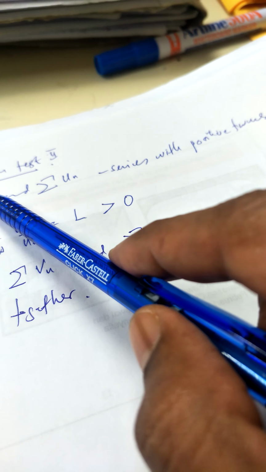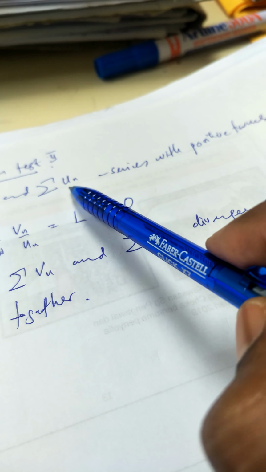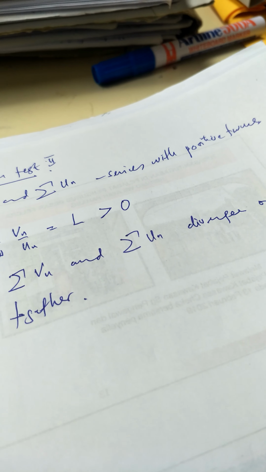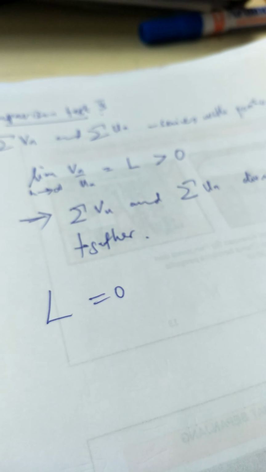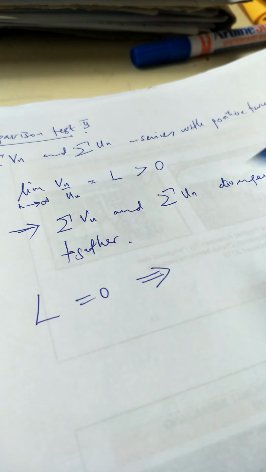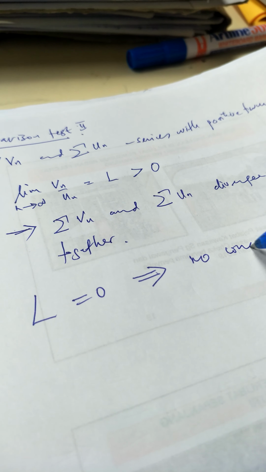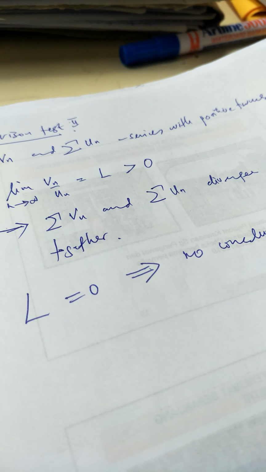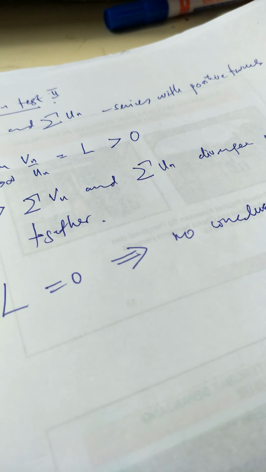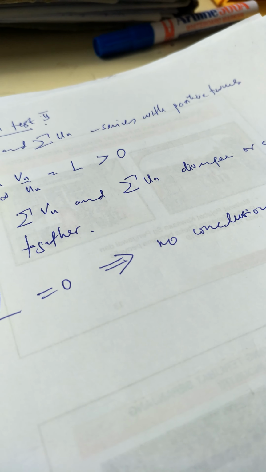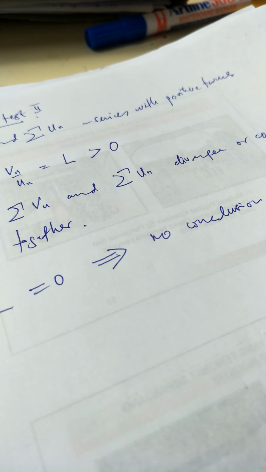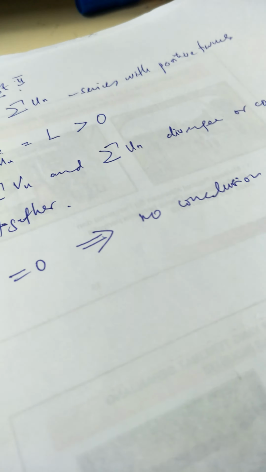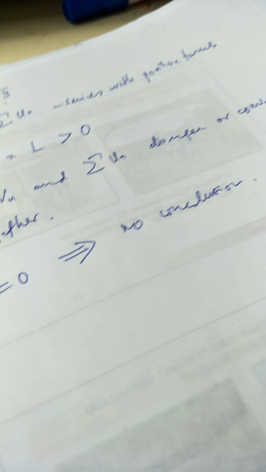If the one we choose converges, then the one we want to determine also converges. If L equals 0, in this case we cannot say anything. No conclusion means we still don't know the behavior of the series that we want to determine. We might need another test.